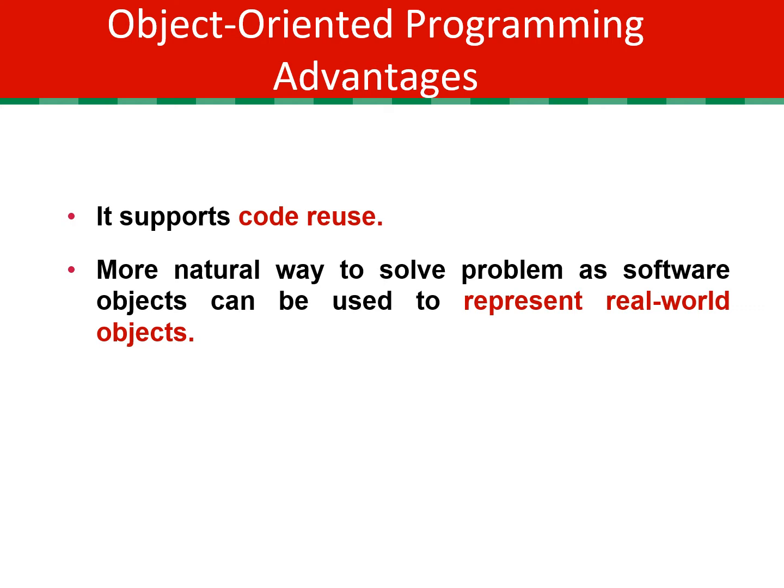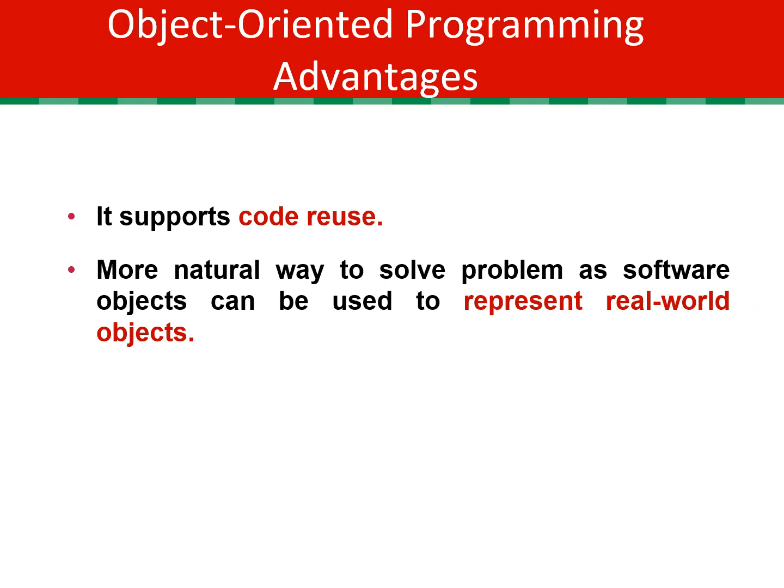You can use the student class in a different project, or you can use the course class in a different project, so that it allows code reuse. So you don't have to do the coding from zero. You can actually recycle some of the existing classes.